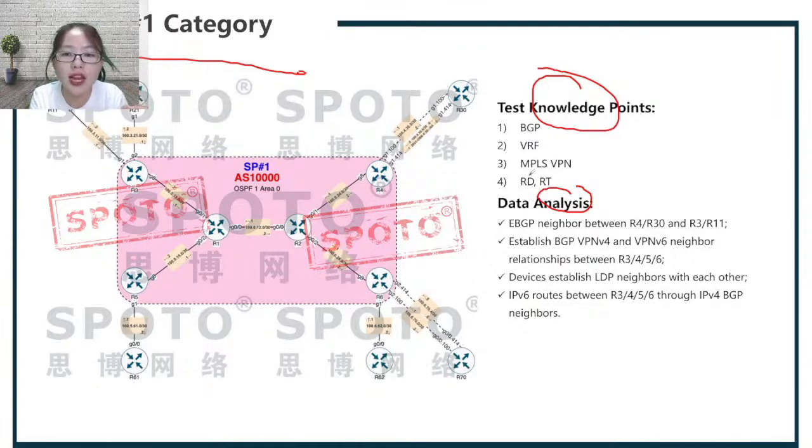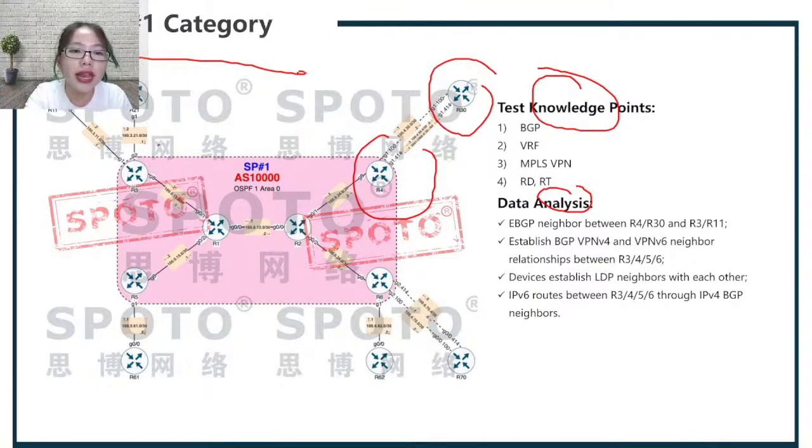You need to establish eBGP neighbors between router 4 and router 30, and router 3 and router 11.